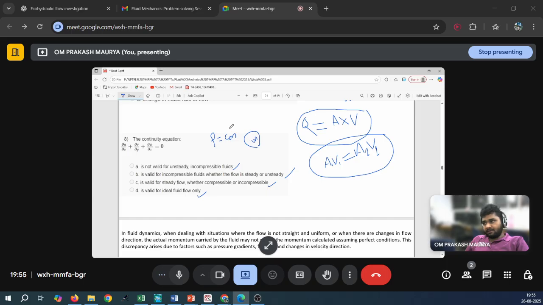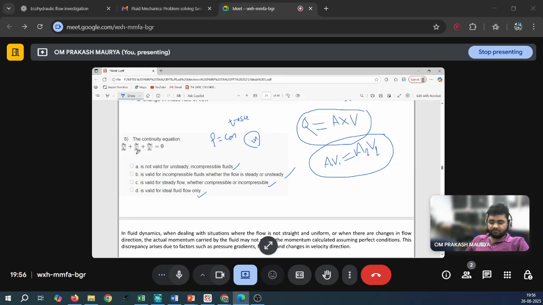So this equation is valid for incompressible. Now, is there any t term, that is the time variation of velocity? No. So it is also valid for steady flow. Can we use it for unsteady?